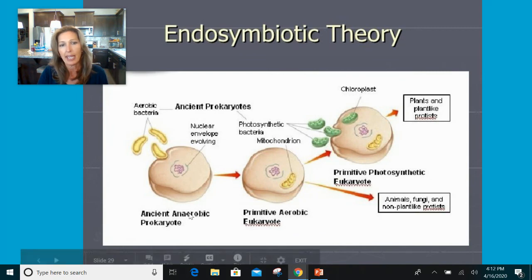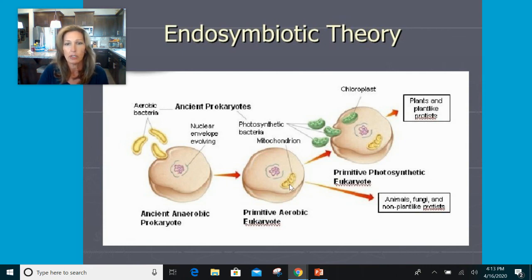Now, if ancient anaerobic prokaryotes engulf them through endocytosis, now I've got a double membrane structure. And now I've got this symbiotic relationship between this used-to-be ancient prokaryote and this eukaryote that are working together, providing a nutrient source and a habitat in order to live.